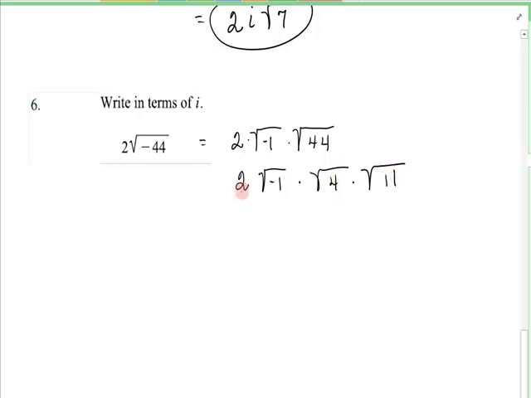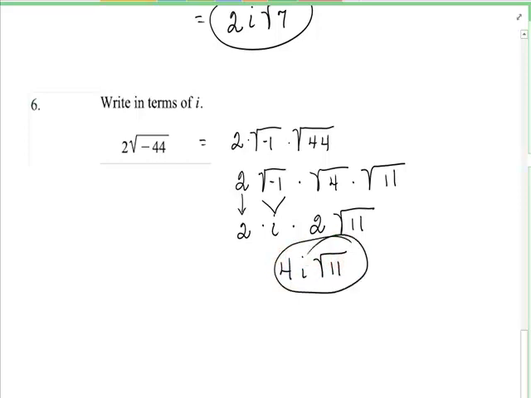So what do I have? Bring down the 2. The square root of negative 1 is i. The square root of 4 is 2, and I'll keep the square root of 11. Let's multiply the 2's: 4i square root of 11.